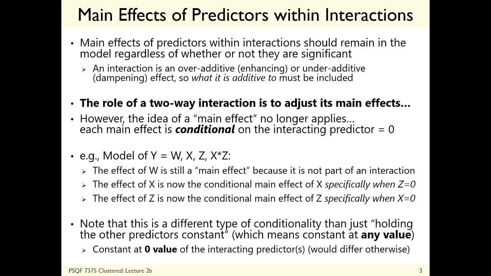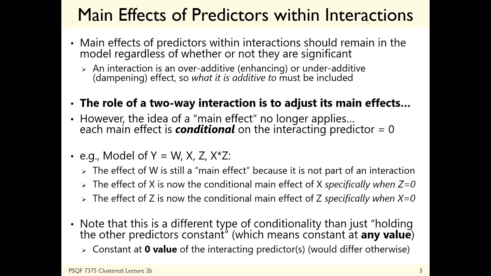It becomes either a simple effect or a conditional effect. Either of those terms would work. Simple is more of an experimental design kind of language, whereas conditional works for most things. But the effect of X is now specifically whenever Z is 0. Likewise, the effect of Z is specifically when X is 0.